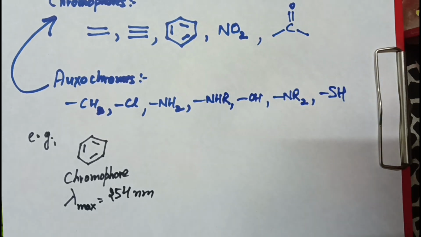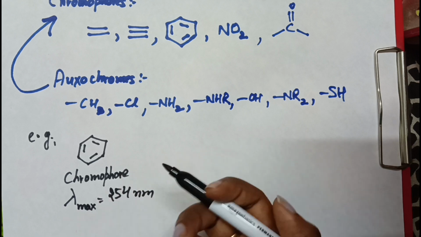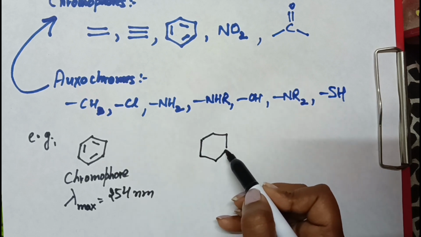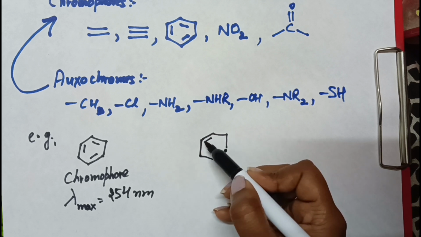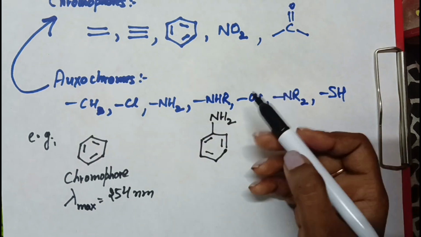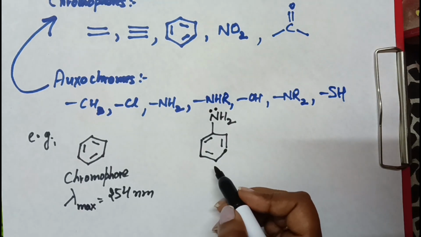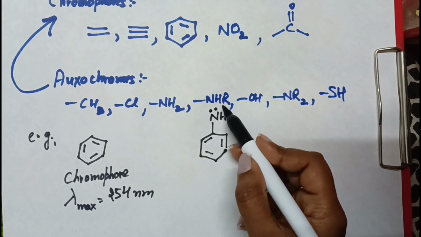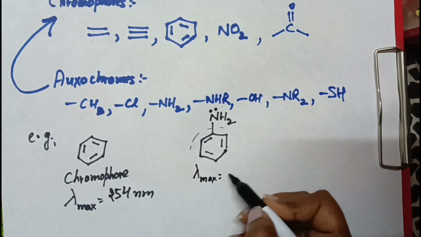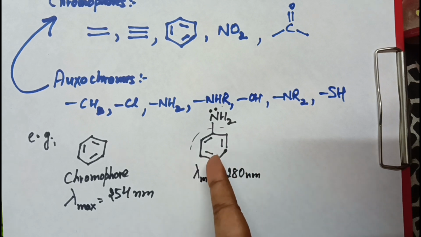Now if I attach one auxochrome, suppose I attach this NH2 with this benzene like this, so this is having one lone pair. In this case, this is the auxochrome and this is the chromophore. Now here lambda max will be 280 nanometer. Why? Because of more resonating structures.